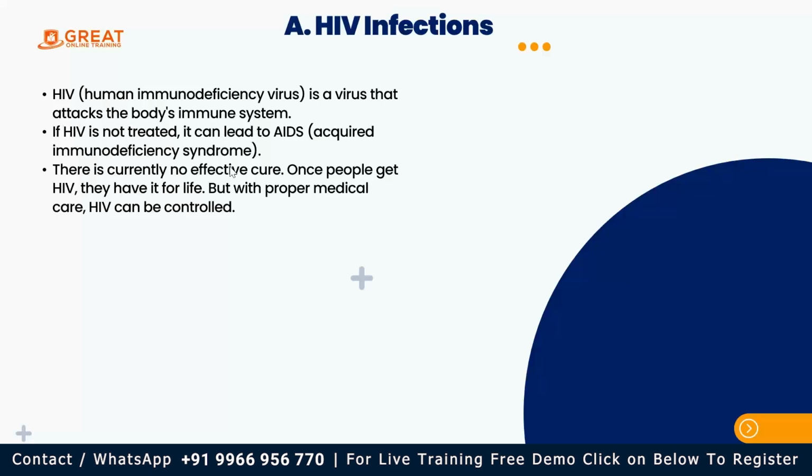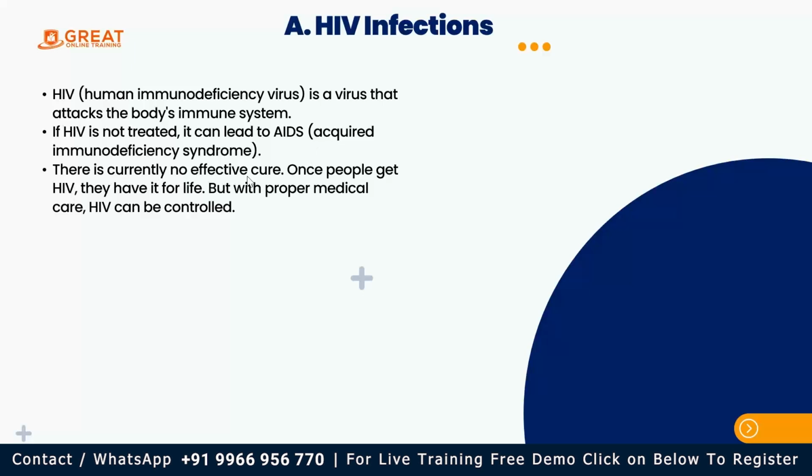You can see my screen, right? If HIV is not treated, it can lead to AIDS, which means acquired immunodeficiency syndrome. So AIDS is the syndrome caused by the HIV virus. HIV is the virus that causes AIDS.